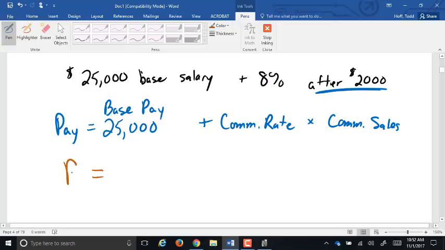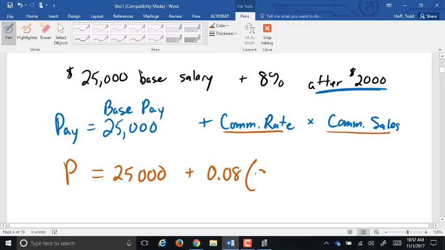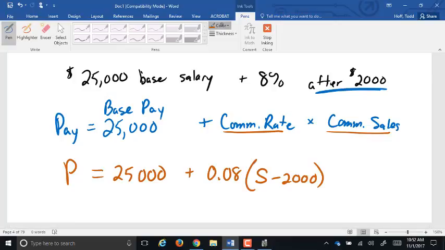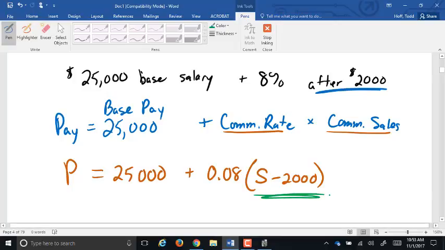So you got the $25,000, their base, plus their commission rate is 8%. Commissionable sales is their sales minus 2,000. So that's the thing, is having that minus 2,000 there.